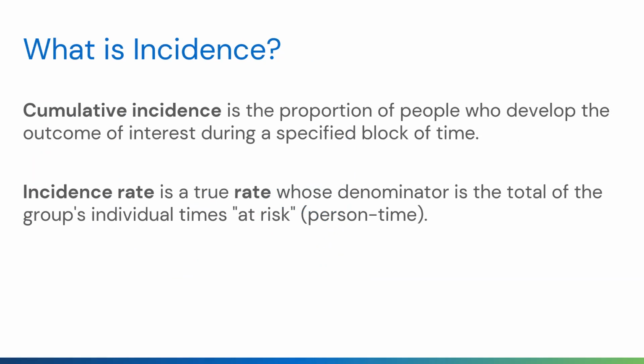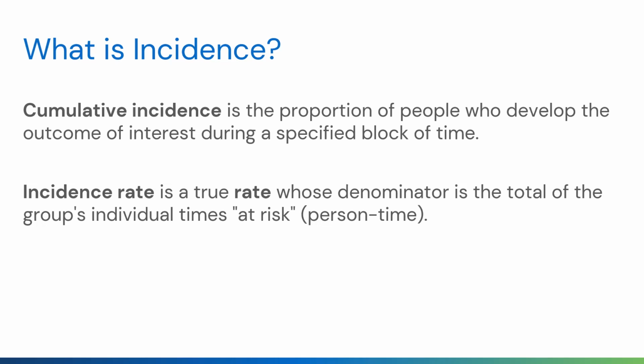So what is incidence overall in terms of type when we think about cumulative incidence? Well, that's the proportion of people who developed the outcome of interest during a specified block of time. So, for example, cumulative incidence is the number of new cases accumulated over, for example, a 7-week time. So if you're looking at a COVID tracker and you see the average number of cases over a 7-week or 2-week period, that's cumulative incidence.